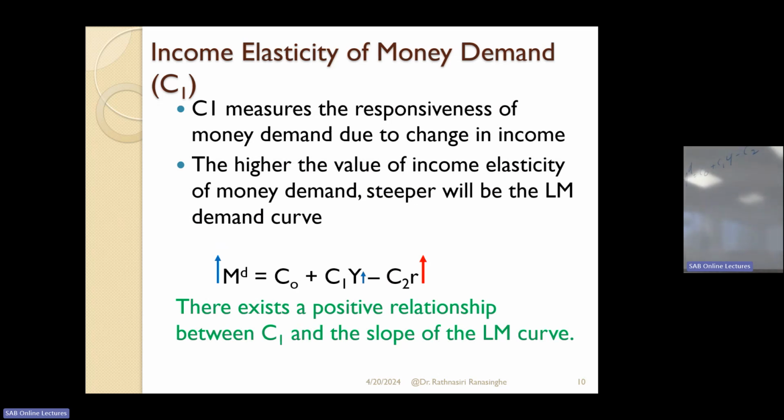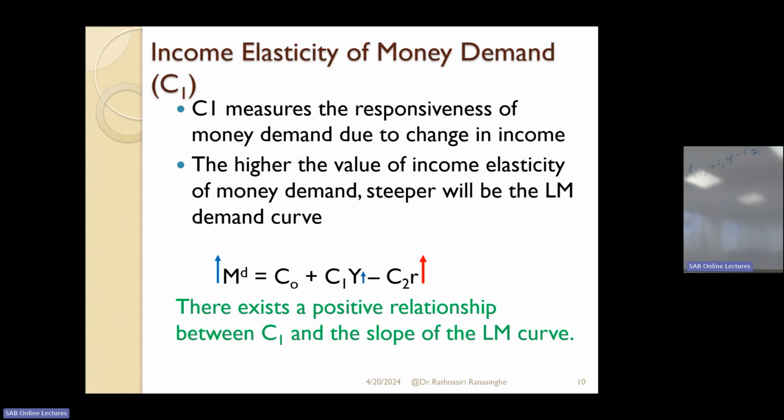So if there is a small rise in income and C1 is high, there will be a faster rate of change in money demand, and a greater effect on money demand due to the rise in income.